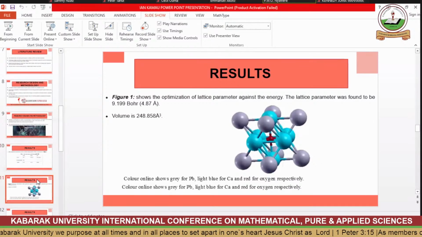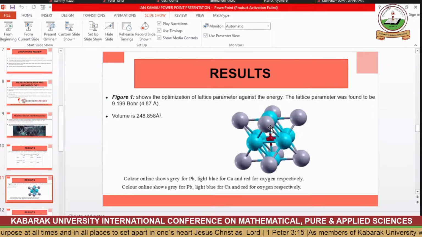So for result number 2, that is the figure that we found, and that's the structure in 3D, even though it is painted in 2 dimensions. This figure shows the optimization of lattice parameter against the energy.